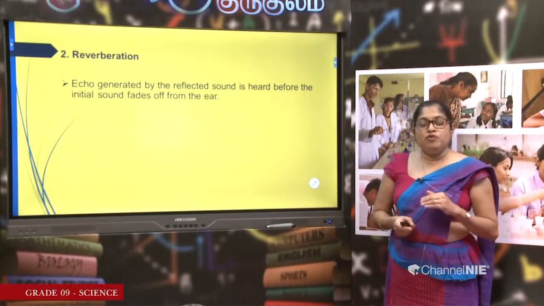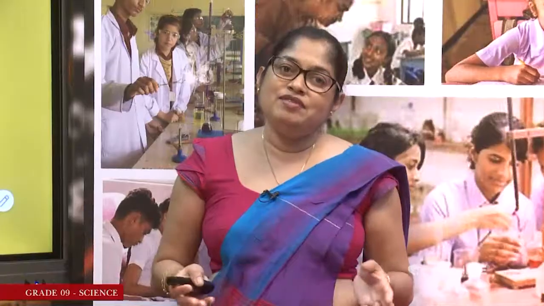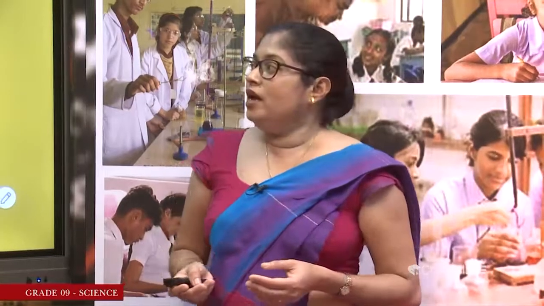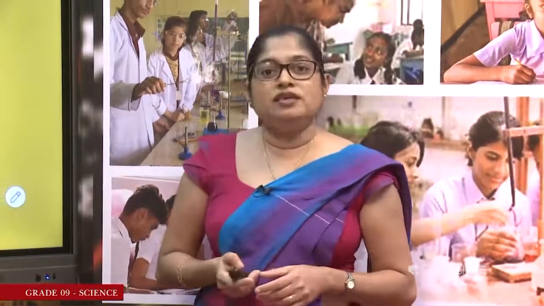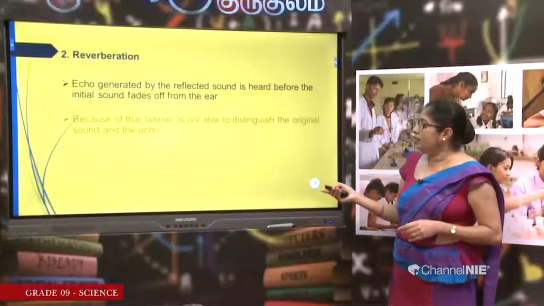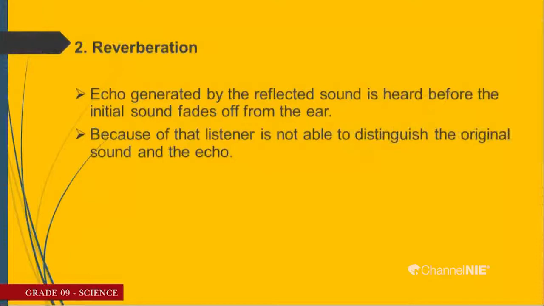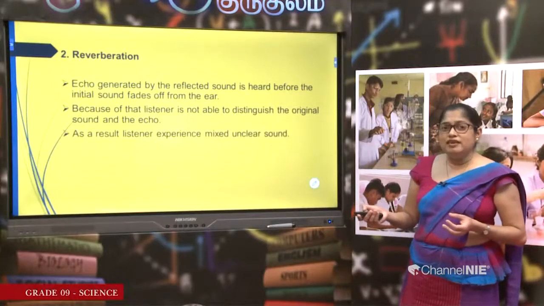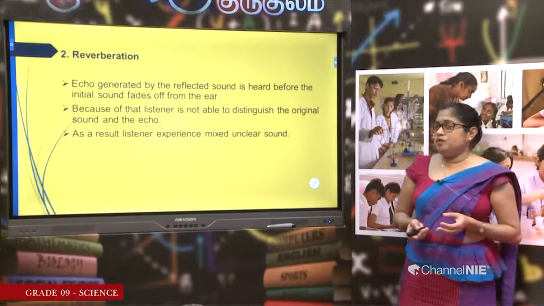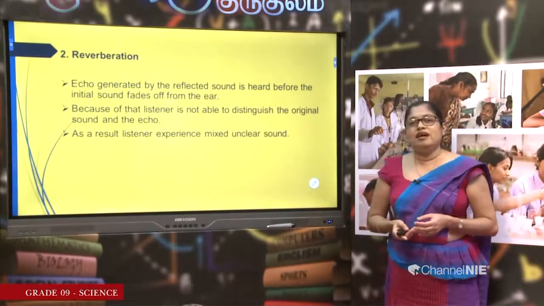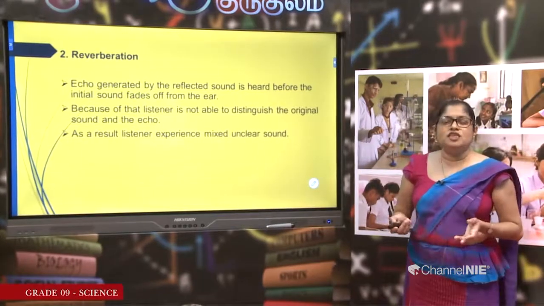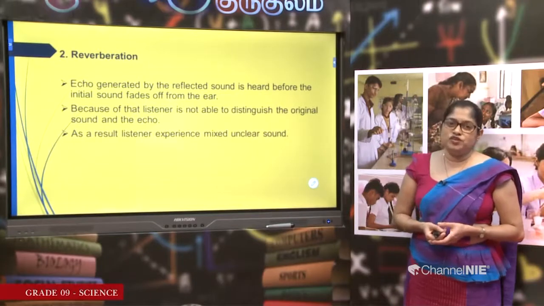Before the initial sound fades away from the ear, the second sound is heard. Because of that, the listener is not able to distinguish the original sound and the reflected sound, that is the echo. As a result, the listener experiences a mixed, unclear sound. This is what is meant by reverberation.